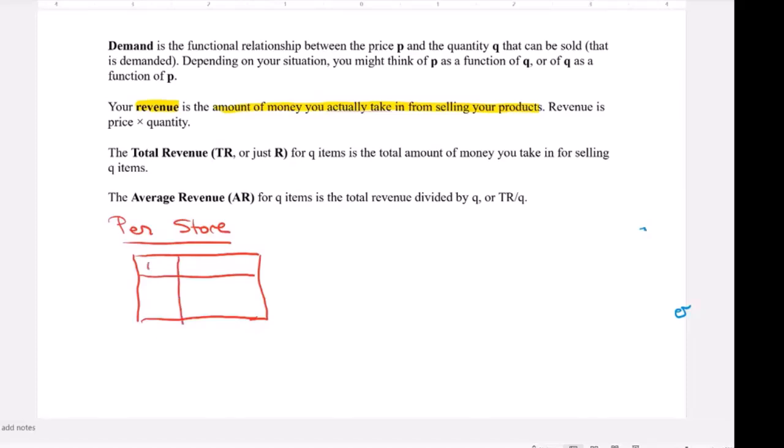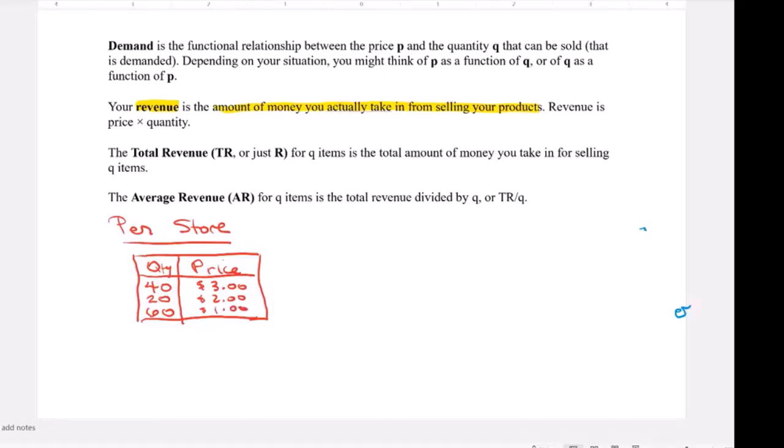This is quantity sold, and this is price. I sold 40 pens at $3 a pen. I sold 20 pens at $2 a pen. And I sold 60 pens at $1 a pen.